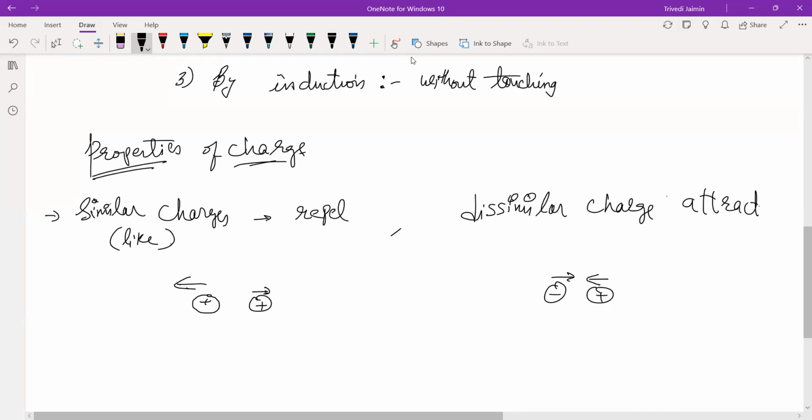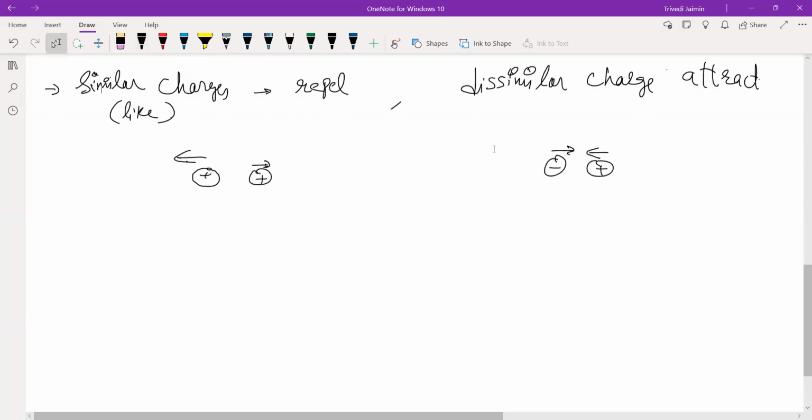It is a very, very rare case. How is it attracting? If there is one big positive charge and one very, very small, negligible positive charge, obviously it will attract towards the big one because the other is so minute. But this is actually a negligible case. So this is the first thing we saw.